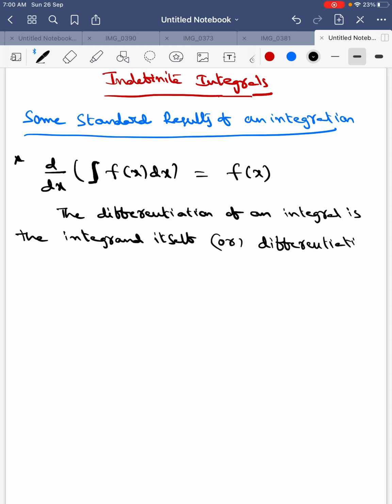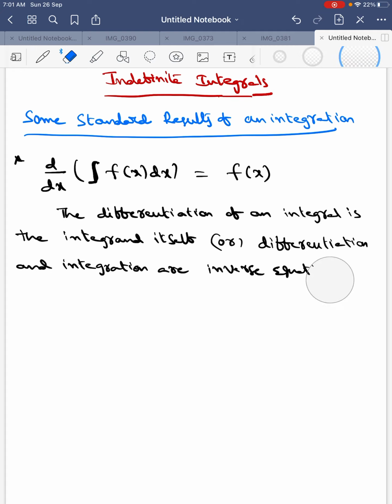Differentiation and integration are inverse operations. Observe here, d by dx of the integral of f of x dx is equal to f of x. Why? Here differentiation and integration are the inverse operations.